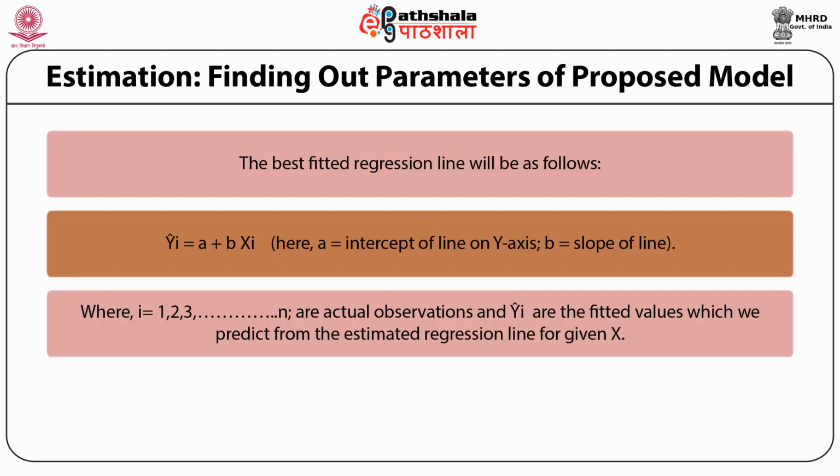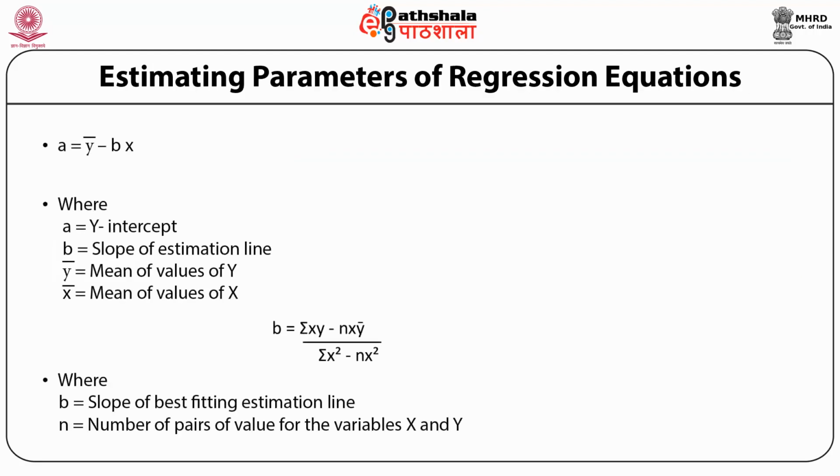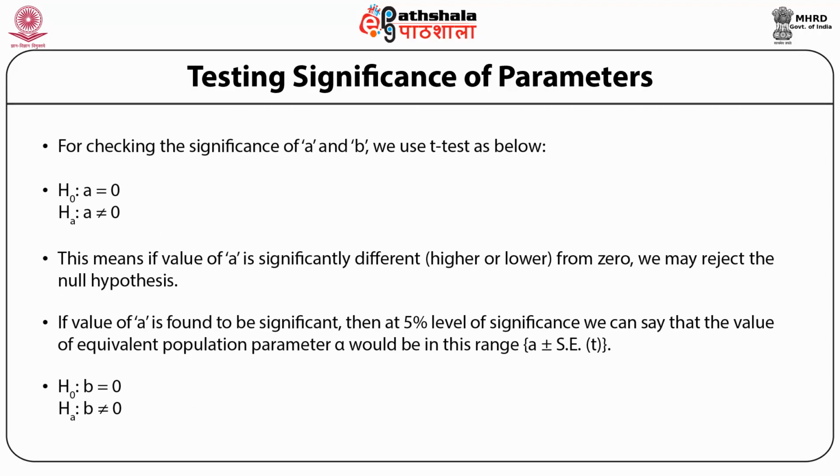By solving both the equations we can easily calculate the value of a and b as shown here. So a is equal to y bar minus b x bar, and b is equal to sigma xy minus n x bar y bar upon sigma x square minus n x bar square. Now we also need to calculate the significance of the parameters in our model.